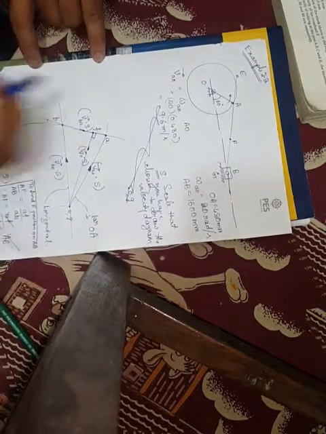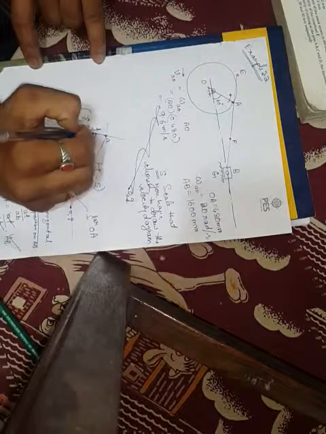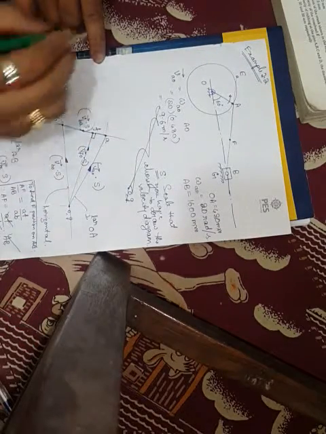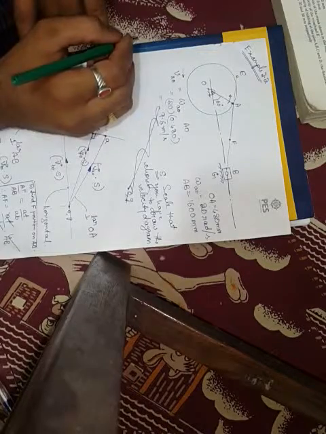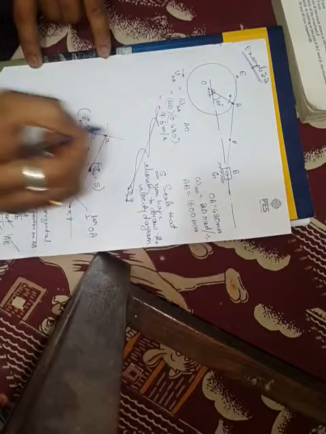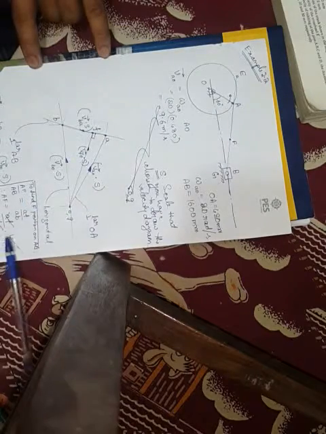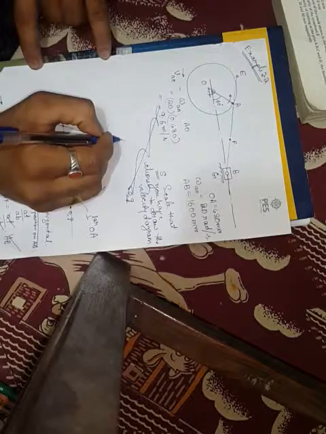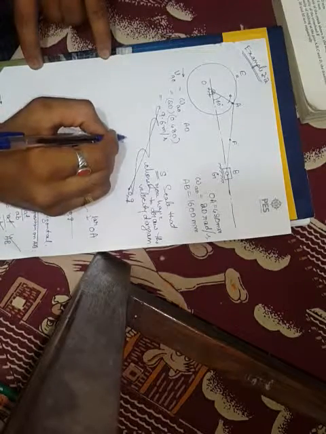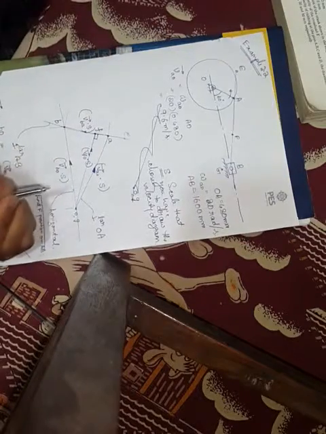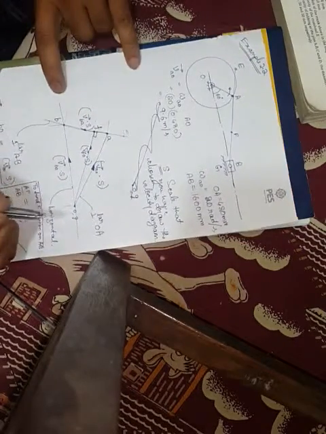E has to lie somewhere on this line. So let that point E be somewhere outside, that you don't know, let that point be E. So now you have something to refer to, right?